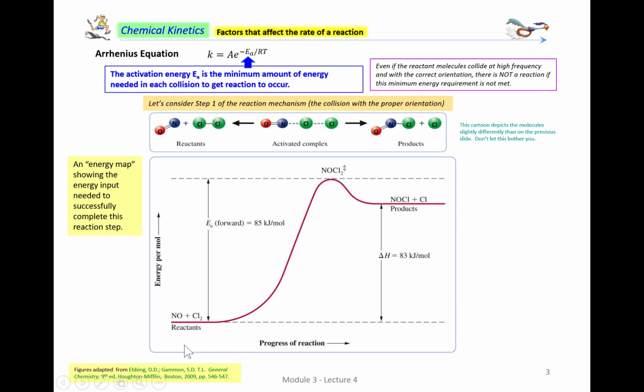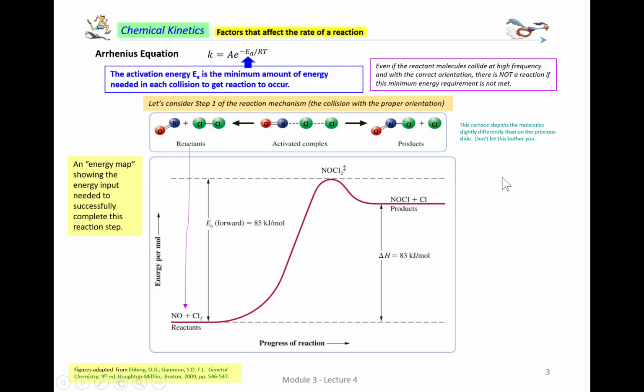You'll notice there's a reactant side, which would be on the left, and a product side, which would be on the right. And the top of this little hump or mountain or hill, whatever you want to call it, is the activated complex, which is typically symbolized by this double dagger.